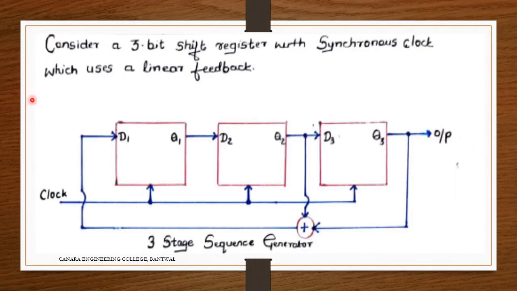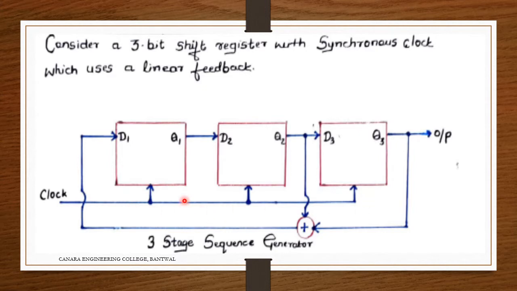Now the first problem: consider a 3-bit shift register with a synchronous clock which uses a linear feedback. I have to get a sequence. What is the output sequence of this one? You can see a continuous clock has been generated.